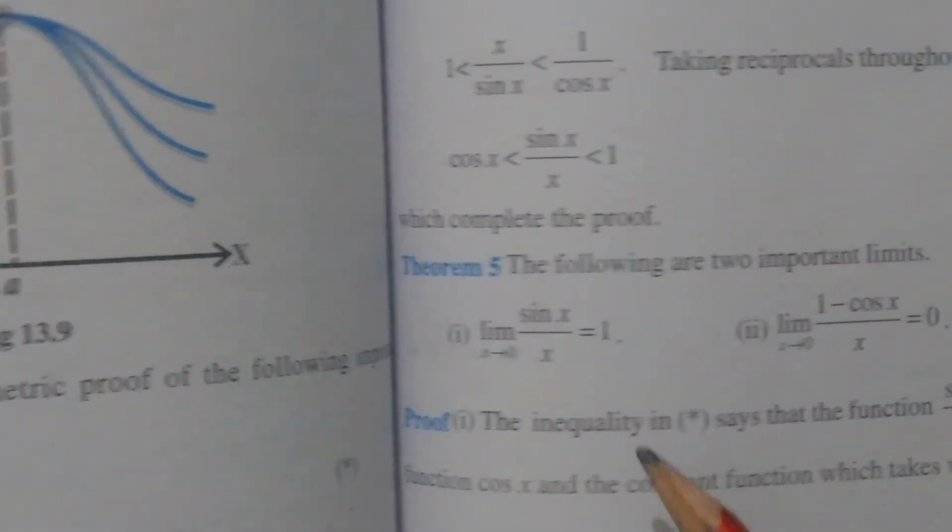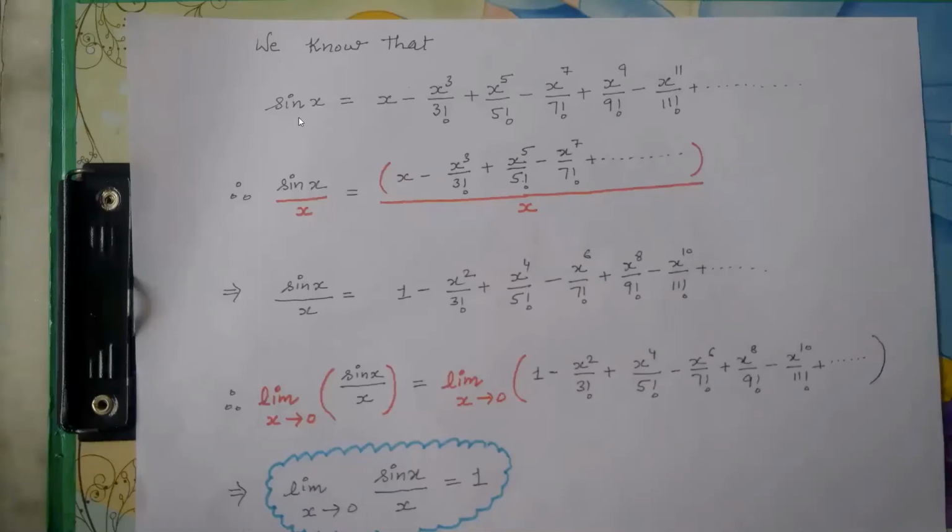First of all, we know the expanded form of sine of x: x minus x raised to power 3 upon 3 factorial plus x raised to power 5 upon 5 factorial minus x raised to power 7 upon 7 factorial plus x raised to power 9 upon 9 factorial and so on. Now in the next step we are going to divide by x both sides.